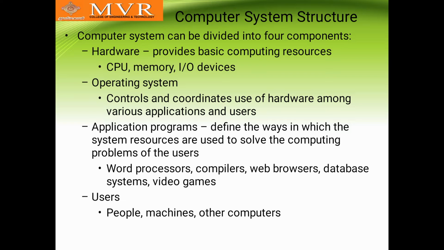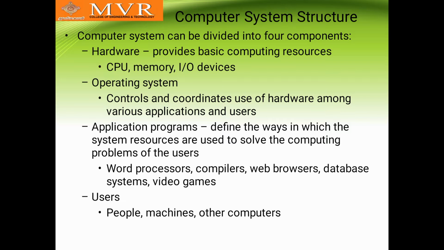The operating system, as I said previously, is an interface between computer hardware and computer user, and it controls and coordinates the use of hardware among various applications and users.